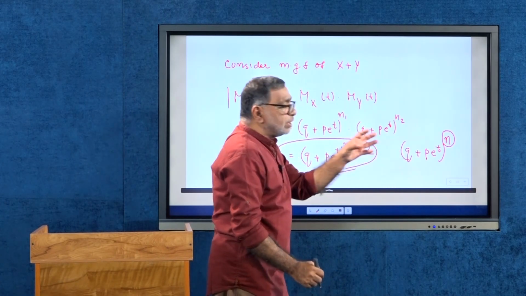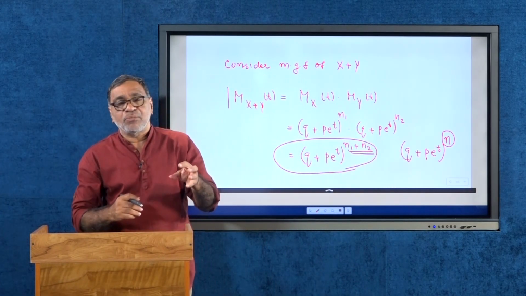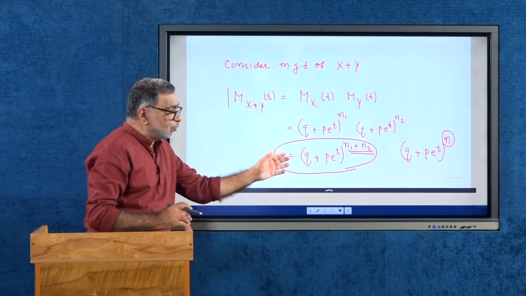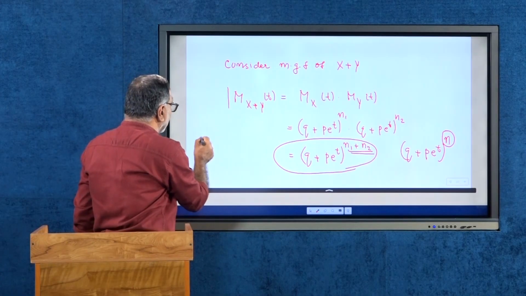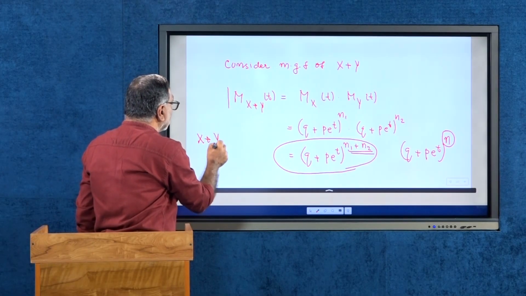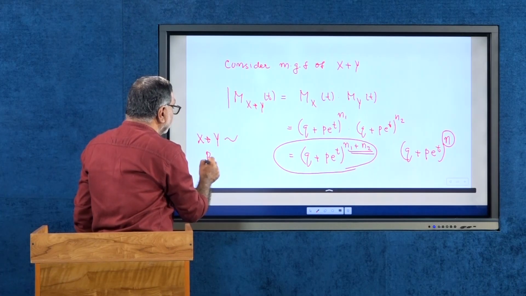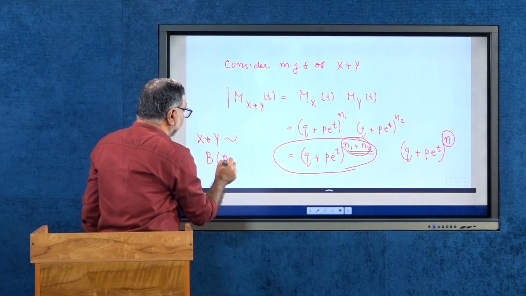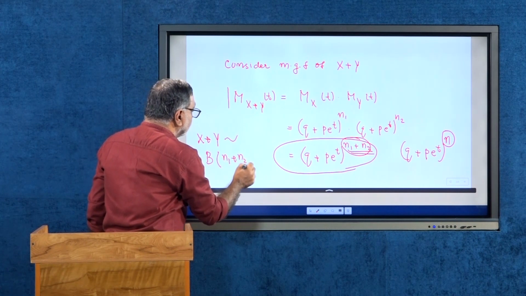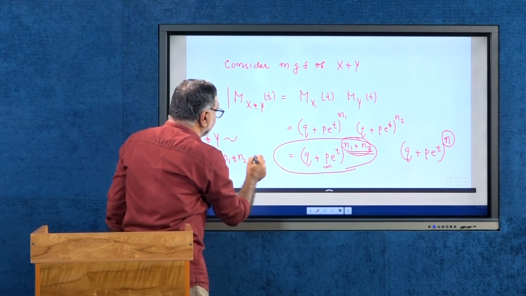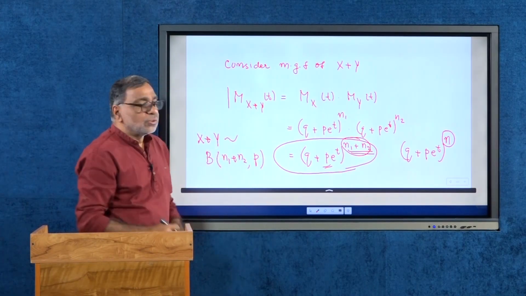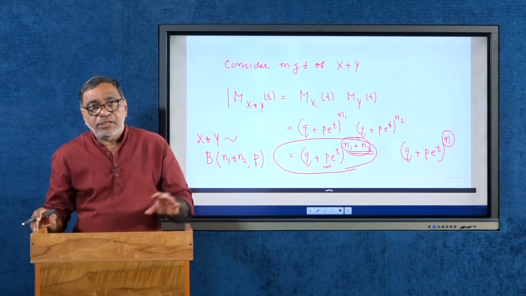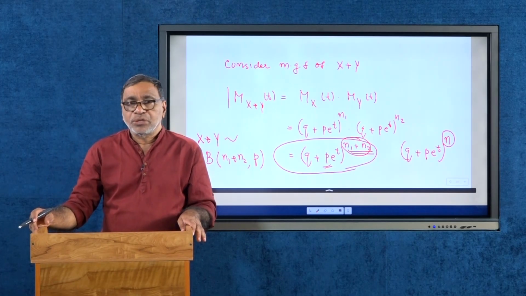Since q plus p e power t all power n is the moment generating function of a binomial random variable, from this we can conclude that x plus y is a binomial random variable with the parameters n1 plus n2, and the second parameter is p. So, this is the way we are establishing the additive property of binomial random variables.